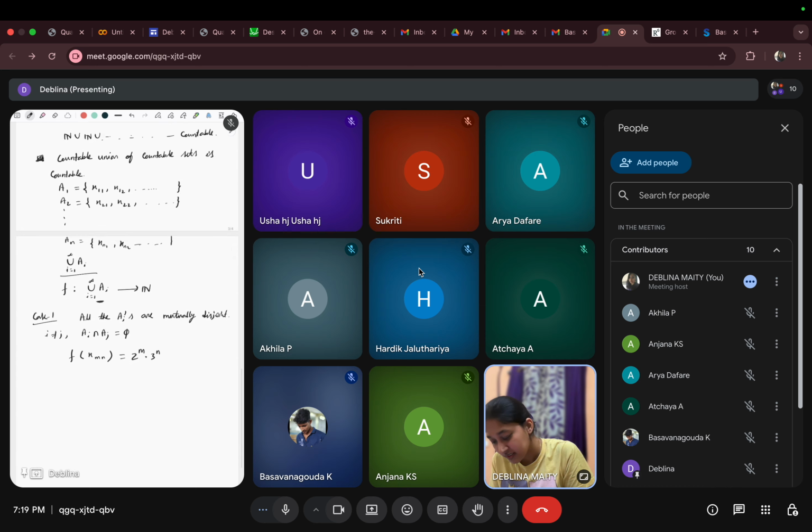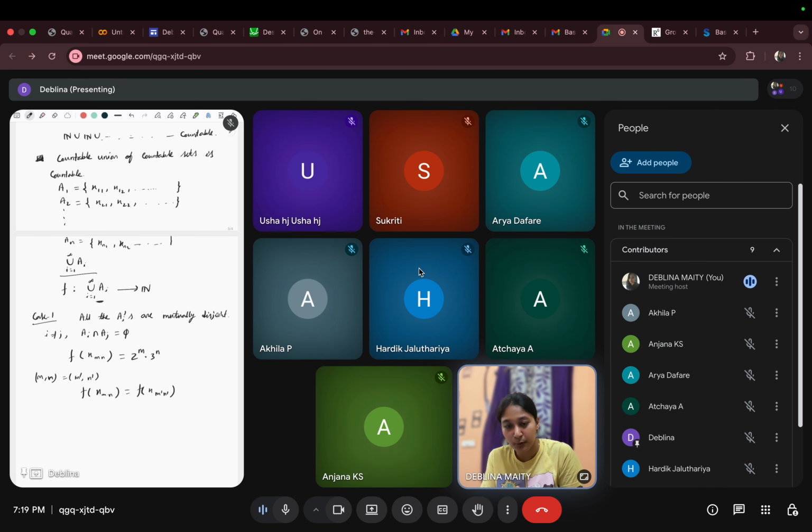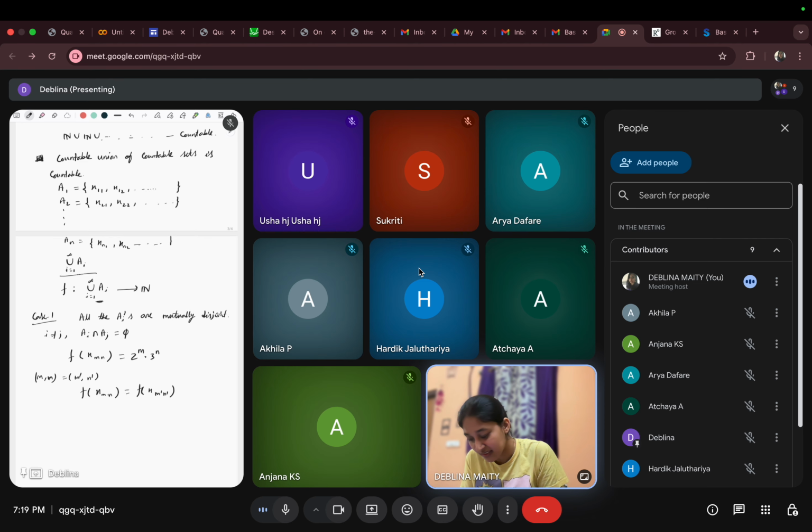So this mapping is going to be a bijective mapping. You can clearly check this. Injective means if f of x_mn equals f of x_m'n', then m' equals m and n' equals n.